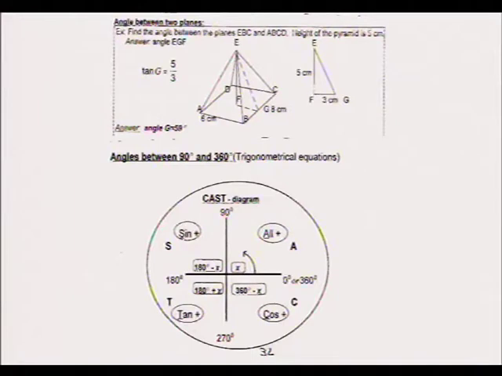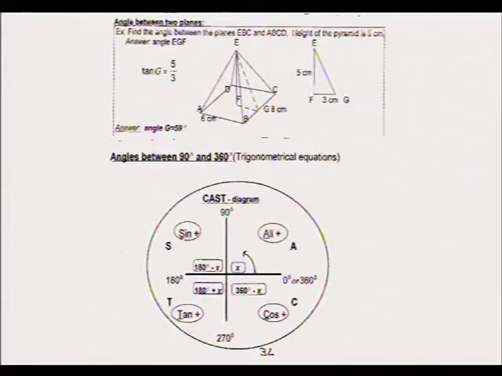The angles between 90 and 360 degrees. At A, on your CAST diagram, all the ratios will be positive. Sin will be positive, tan will be positive, cos will be positive.